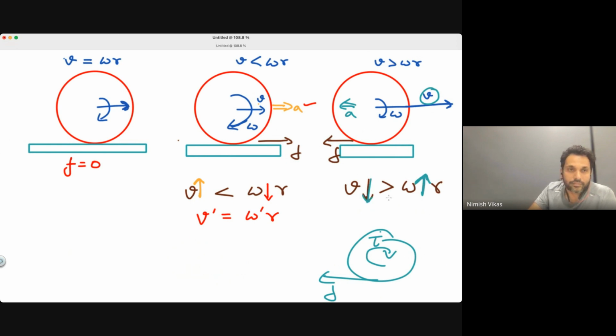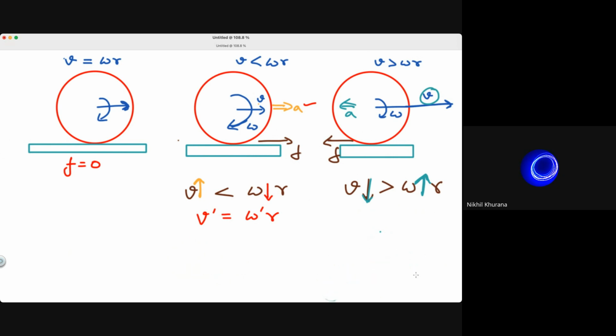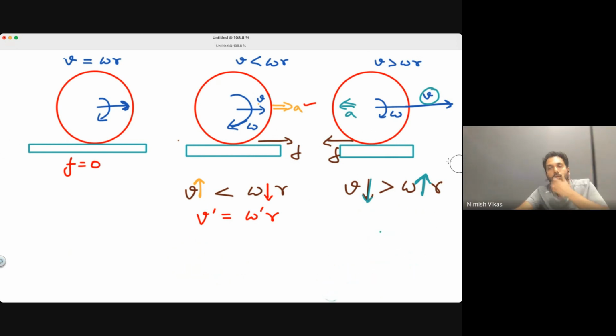Is that clear, guys? Yes, sir. Okay, then do the question. I'll do two levels of question. One a very basic question, and after that a little more involved question. On pure rolling, the rolling part ends. Any doubt till now?